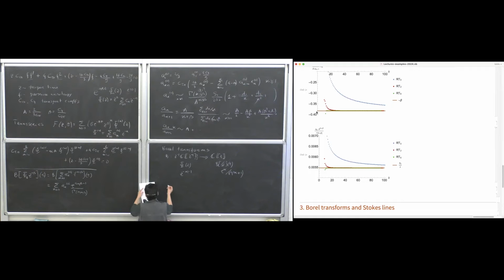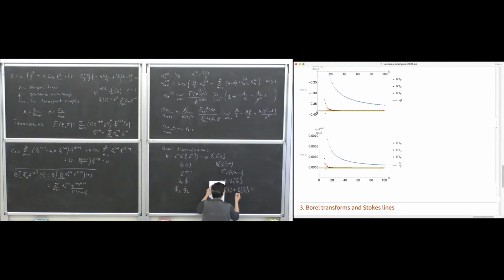Some things are quite important. The derivative of phi, and I'll explain why this is important in a second, goes as minus t times the Borel transform of phi. Why do we call them the multiplicative and convolutive models? If you have two series, phi 1 and phi 2, multiplied, what you get here is the Borel transform of phi 1 convoluted with the Borel transform of phi 2.